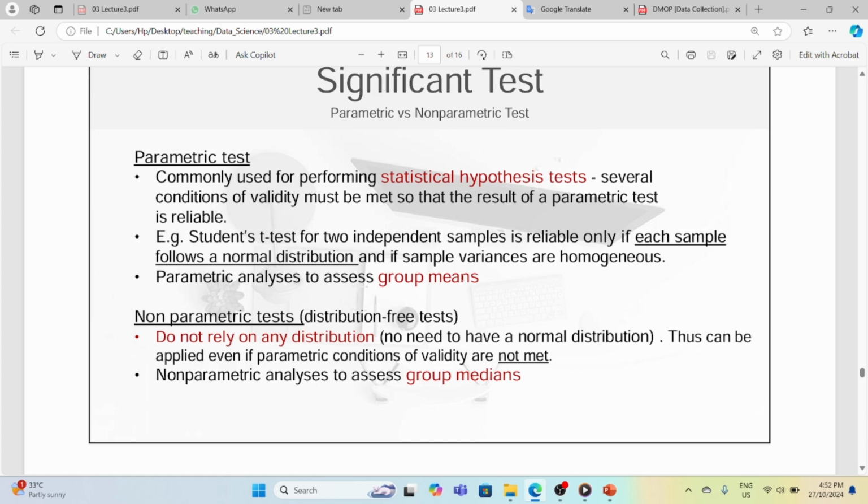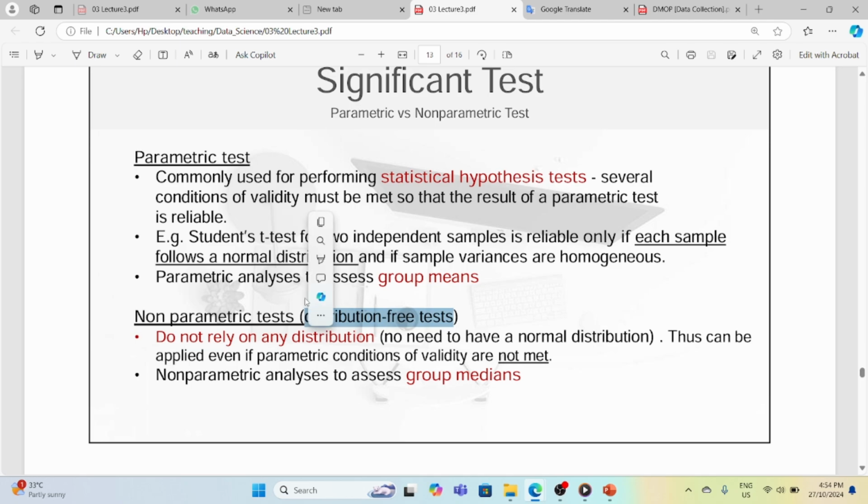So for statistical analysis, for example, we can use the t-test. The parametric tests rely on the distribution of the data, and we can use the t-test, ANOVA test, and this kind of test for statistical analysis. But non-parametric tests do not rely on the distribution.